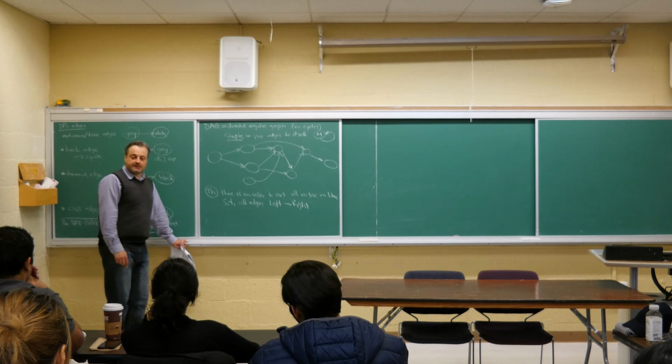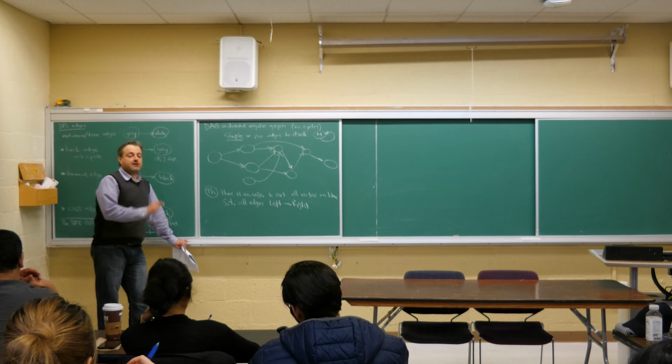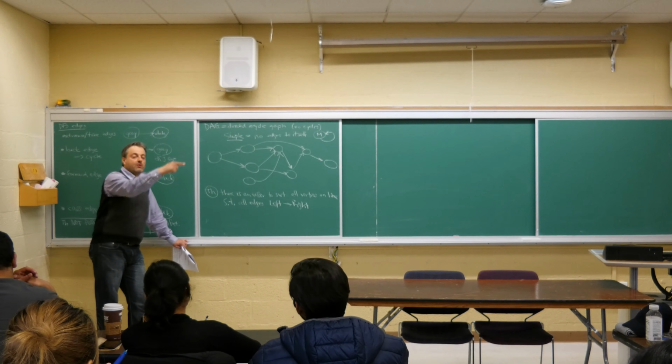Did you solve this exercise? How do you do this? How do I sort all the nodes? I want to put them on one line such that all the edges go one way.